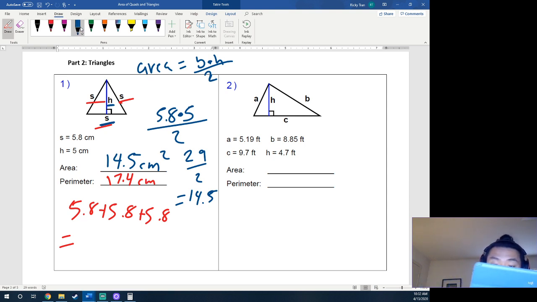All right. Number 2, again, same thing. Area is base times height divided by 2. So here's the height, here's the base. So we need C, we need H. So it's 9.7 times 4.7 divided by 2.